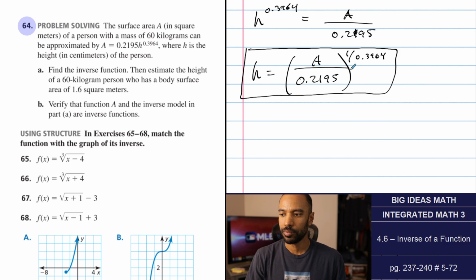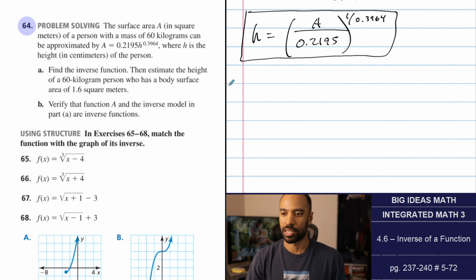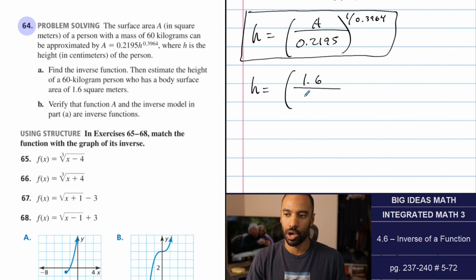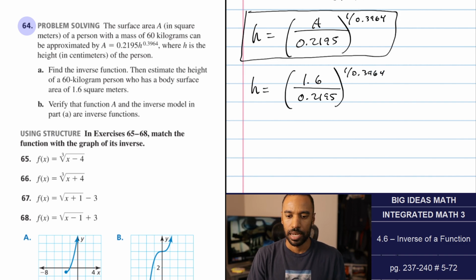Now, H is assumed to be positive in these cases here. So find the height given an A of 1.6. So H equals, we're going to do 1.6 over this. Okay, I'm going to go to the calculator on that. Now, I was testing out some of these division things to see if they'd be clean numbers.